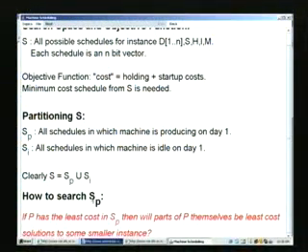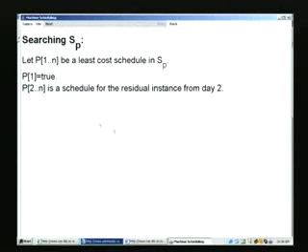So if P is an optimal solution in this subspace S sub P, the question is, will parts of it also be optimal for a smaller subproblem? And in fact, it turns out in our case that that is true. So let P 1 through n be a least cost schedule in S sub P. We'll show that parts of it will have to be optimal for a smaller instance.